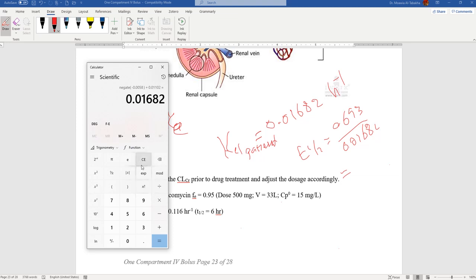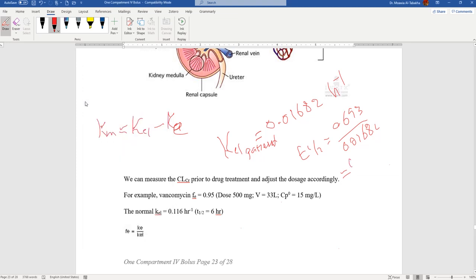Let's see what happens to the half-life. 0.693 divided by 0.01682 equals, you will see, more than 41 hours.